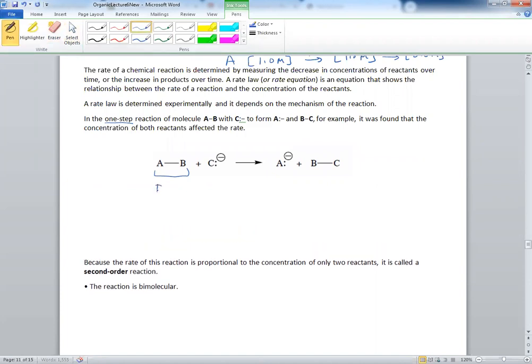So if you double this, the rate doubles. And if you double this, also the rate doubles.